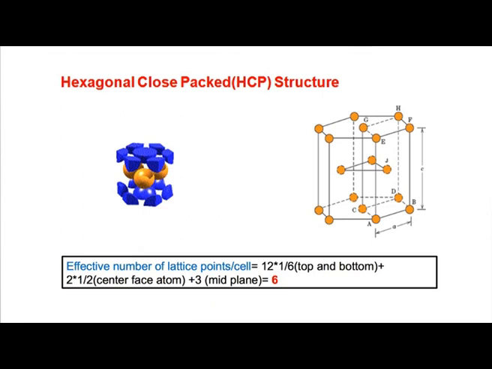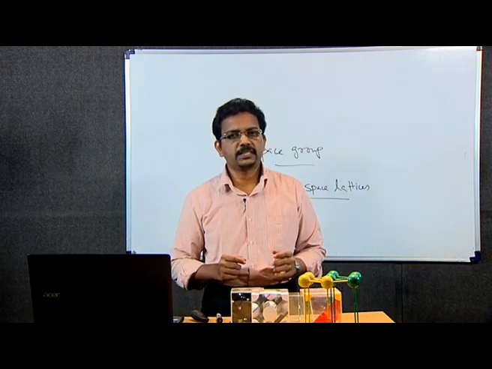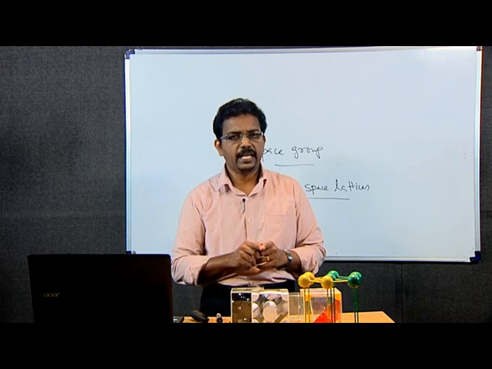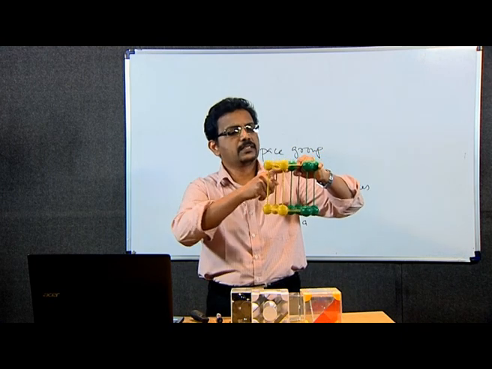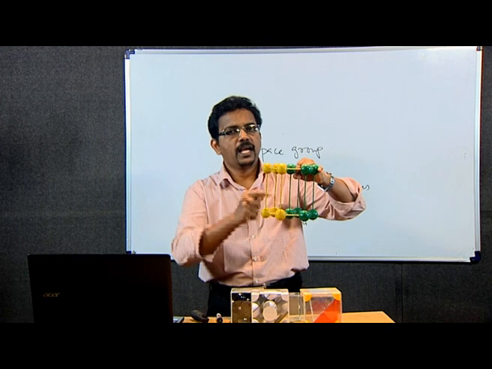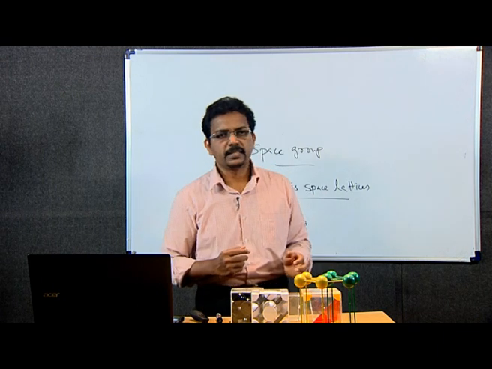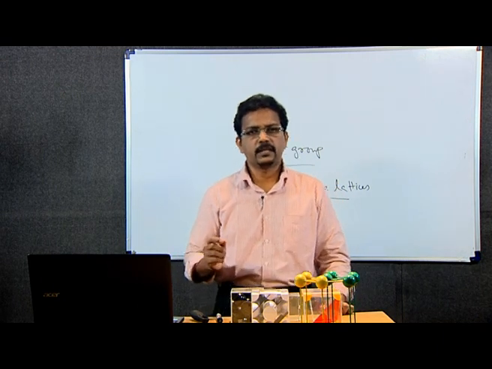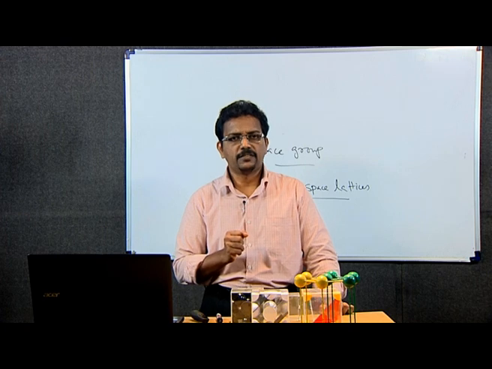So, the effective number of lattice points per cell in the hexagonal structure is 6, the coordination number is 12, and the nearest neighbor distance, that is 2r, is a. Here this distance is a and this is the distance c, and c by a is square root of 8 by 3. The atomic packing fraction is calculated to be 0.74.